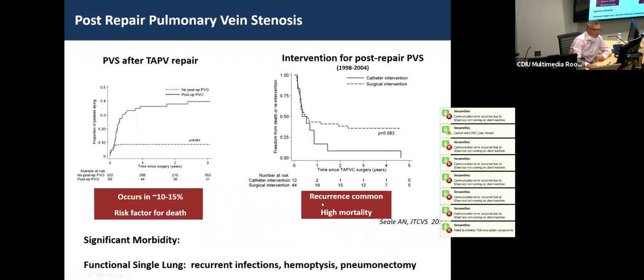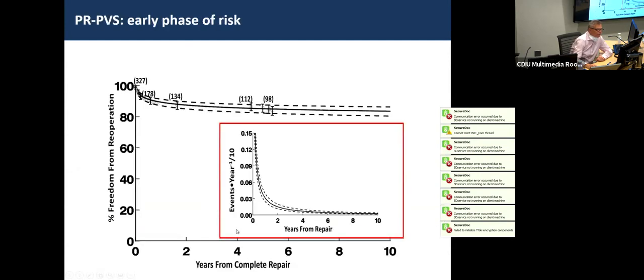And so the take-home message there is that recurrence of pulmonary vein obstruction, so in other words, a patient comes with post-repair pulmonary vein obstruction, has an intervention, either surgery or by catheter, and that again predicts a less good survival outcome, as shown on these actuarial curves. So even if you treat the recurrent pulmonary vein obstruction, you still have a significantly lethal situation.